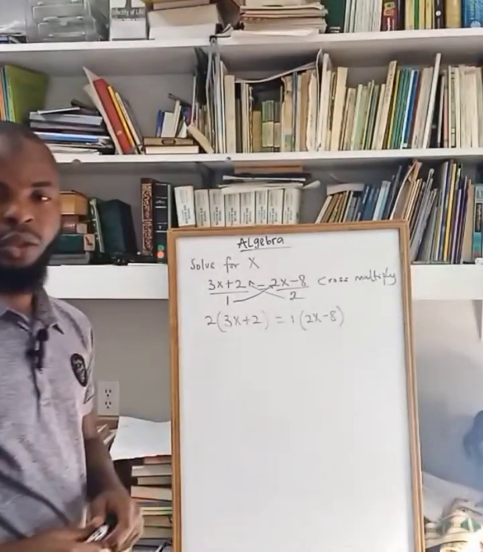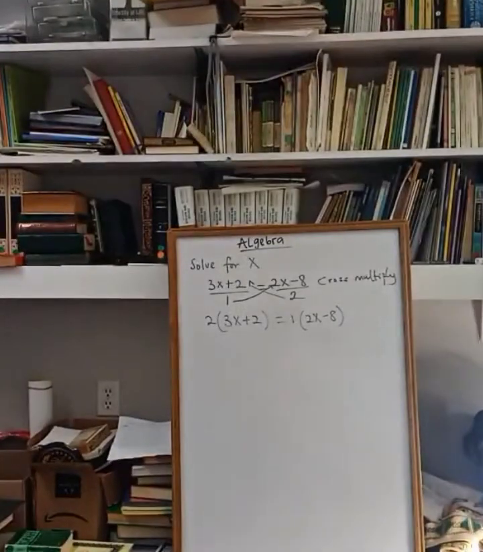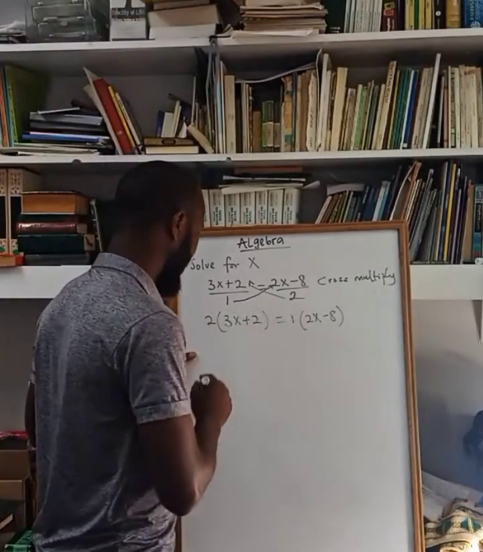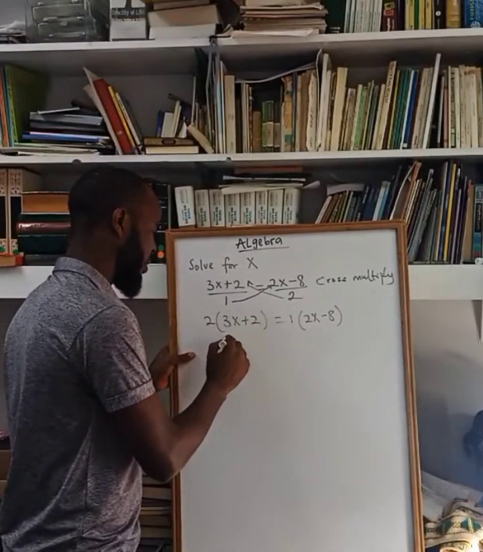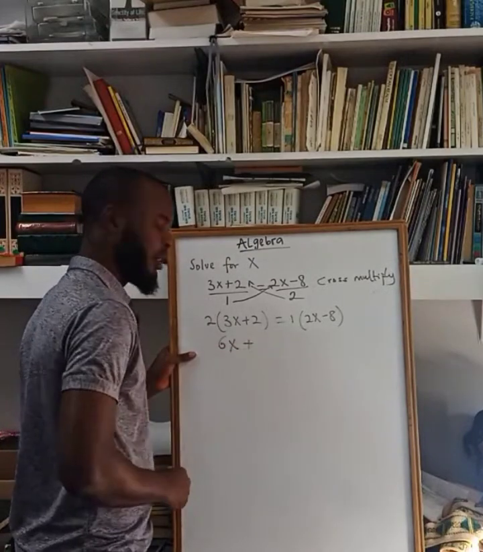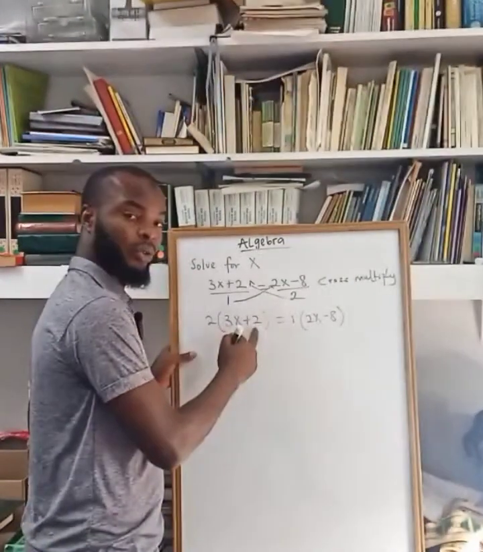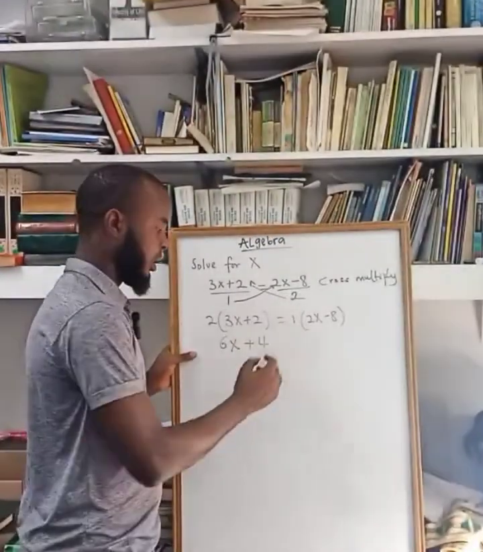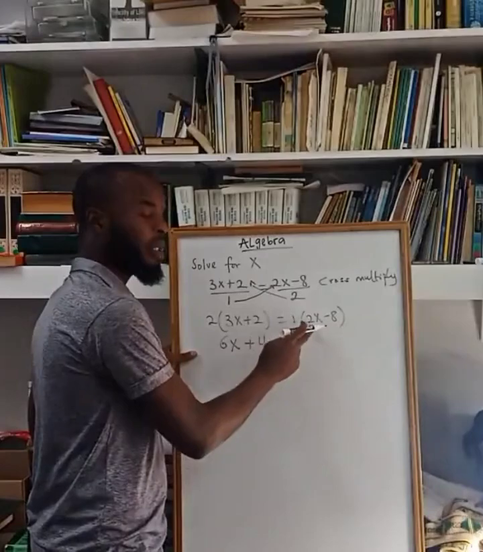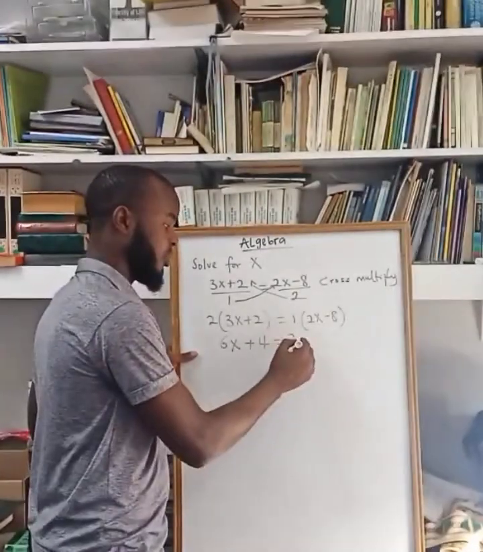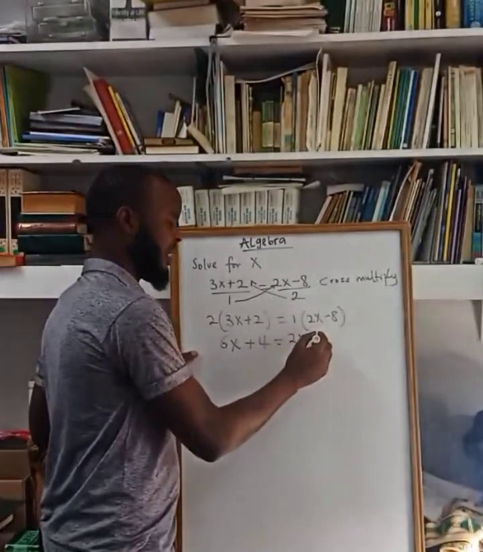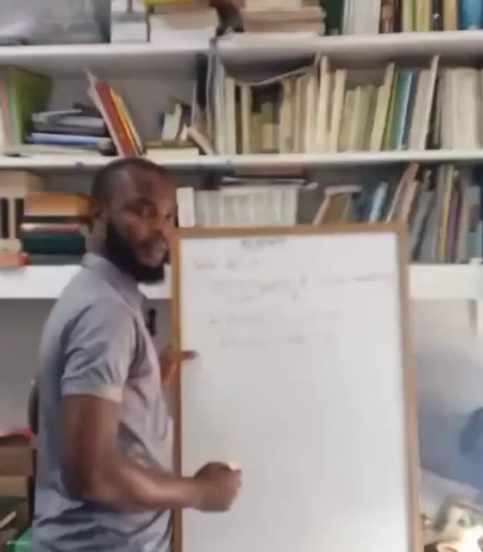By doing this, here we have 2 multiplying 3x, which is 6x. 2 multiplying 2, here I have 4. Equal 1 multiplying 2x gives 2x. 1 multiplying negative 8 gives negative 8.